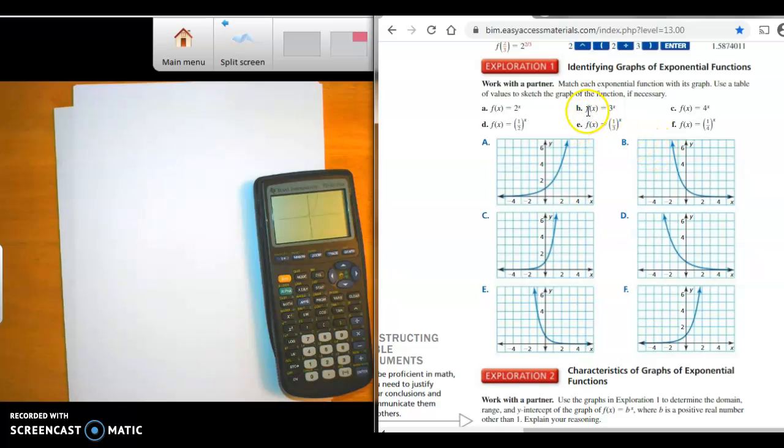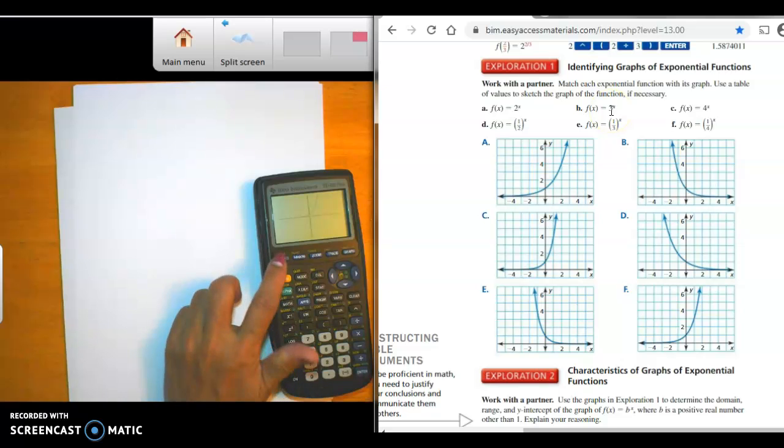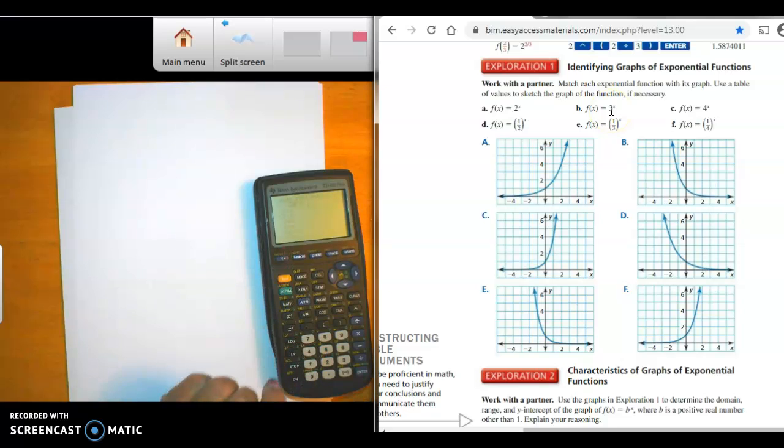Okay, we'll do f of x equals 3 to the x. Go back to y equals, and then we clear this. Put 3, arrow, x and graph. So that looks like letter F here. So the graph of 3 to the x is letter F. Now let's see, f of x equals 4 to the x.